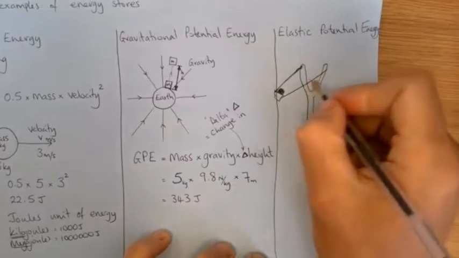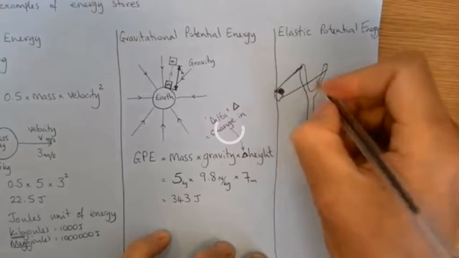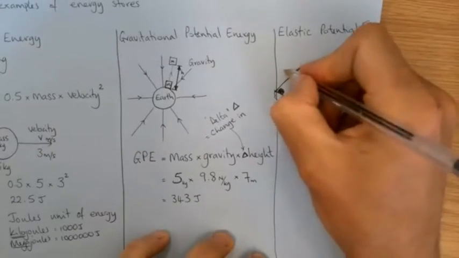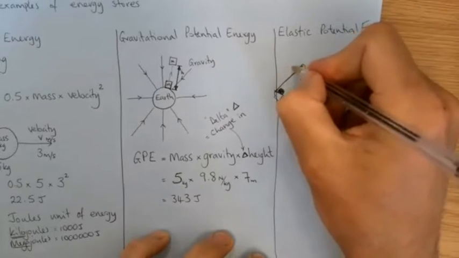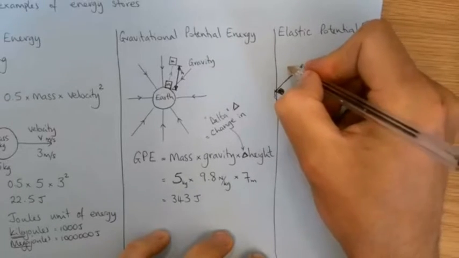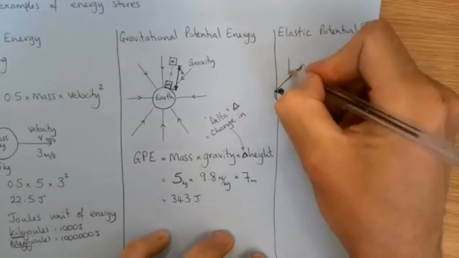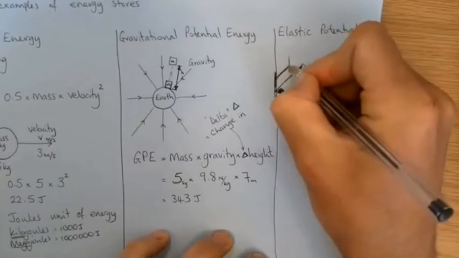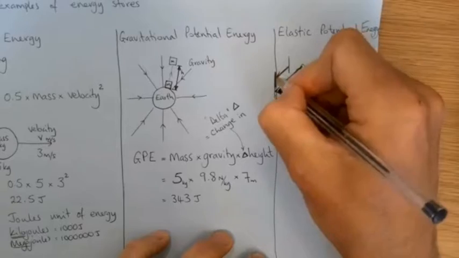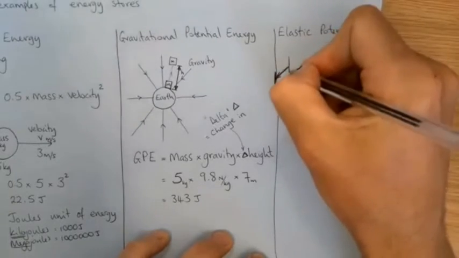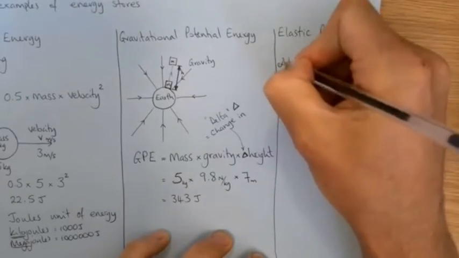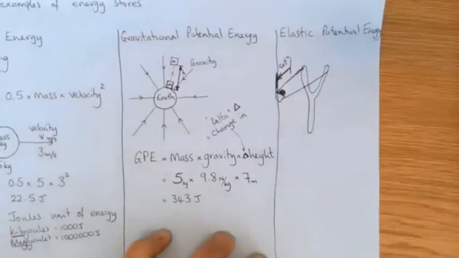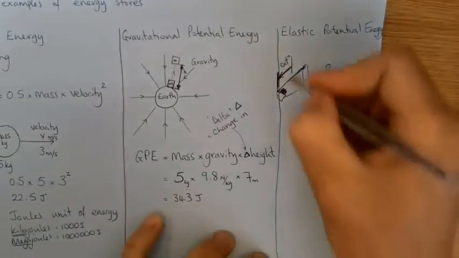So I've stretched it. Let's say it was an extension, so it would normally be that length, and then I'm moving it to this length. That is being pulled back some extension in meters.